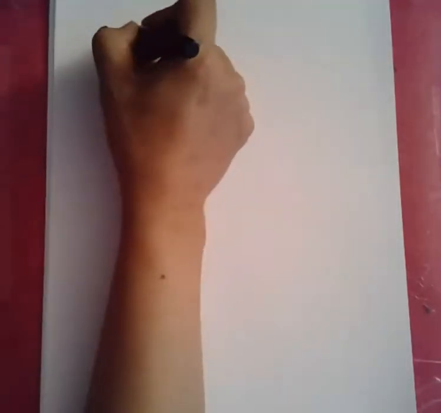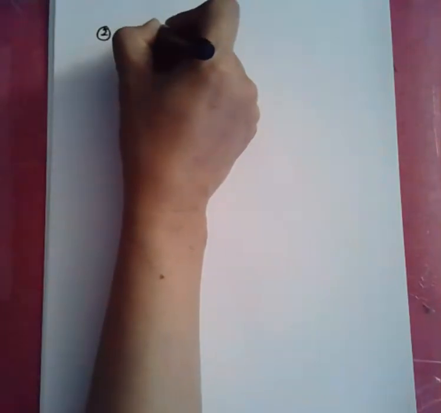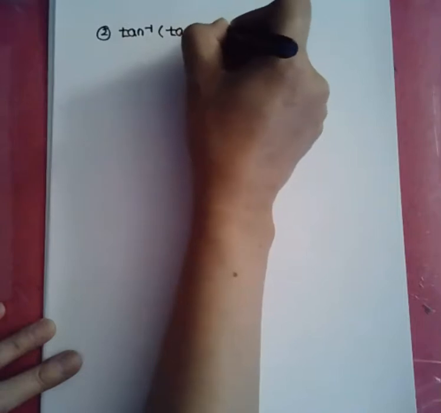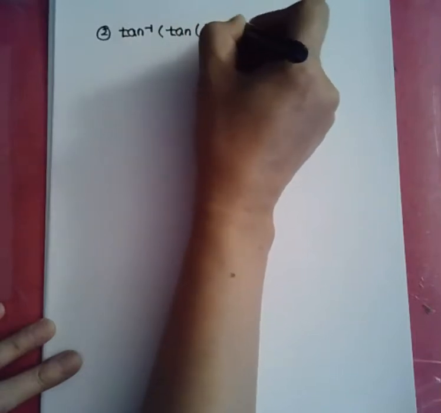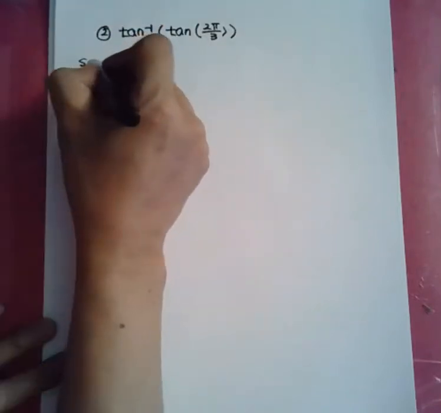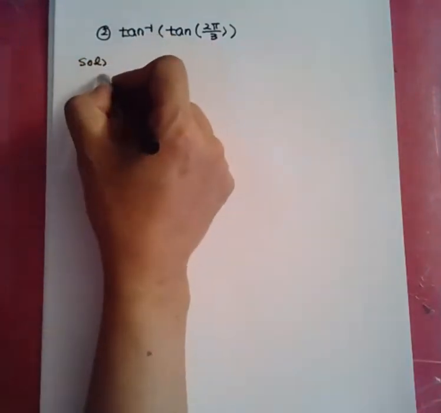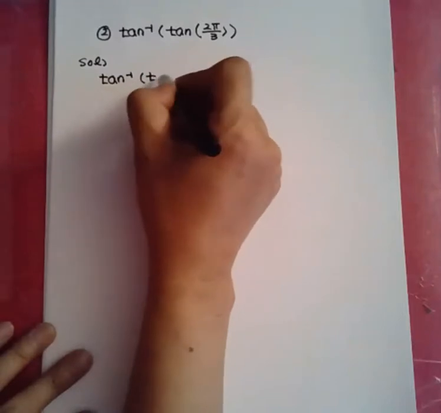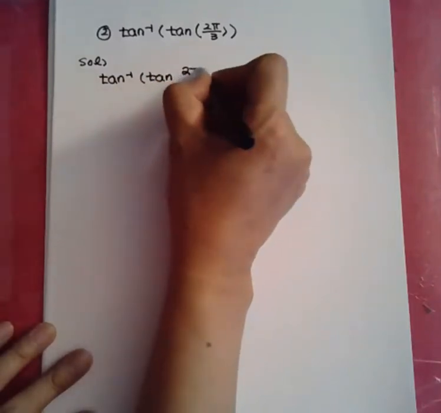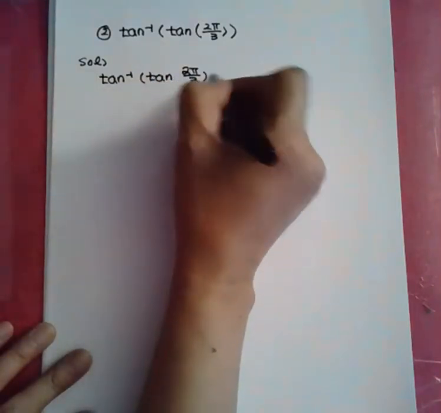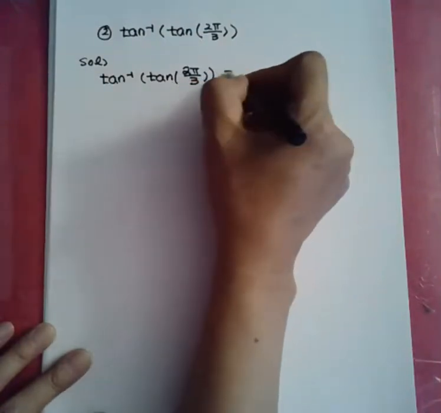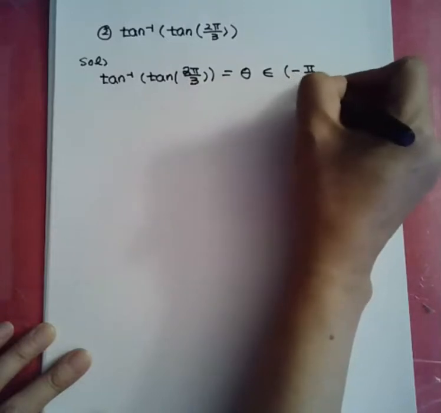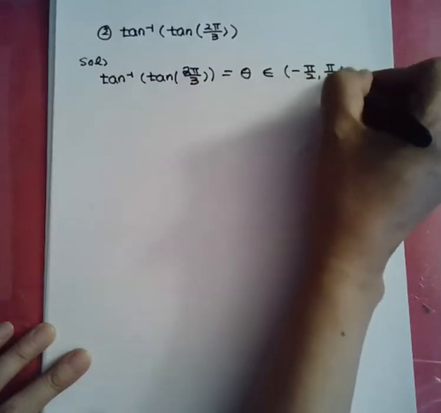Second question is tangent inverse of tangent of 2 pi over 3. We again follow the definition. Tangent inverse of tangent of 2 pi over 3 is the angle between minus pi over 2 and pi over 2.